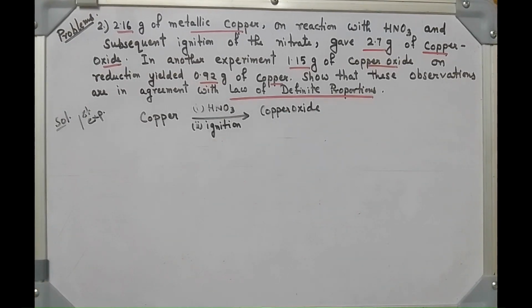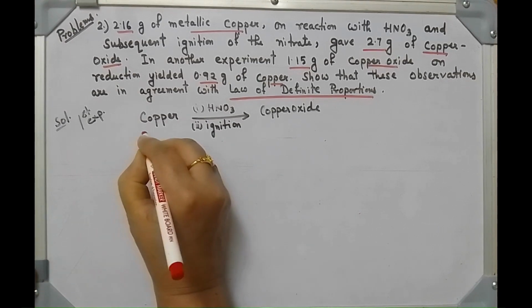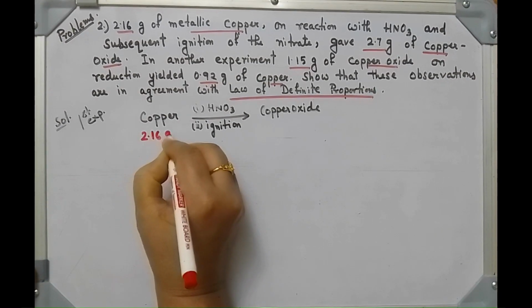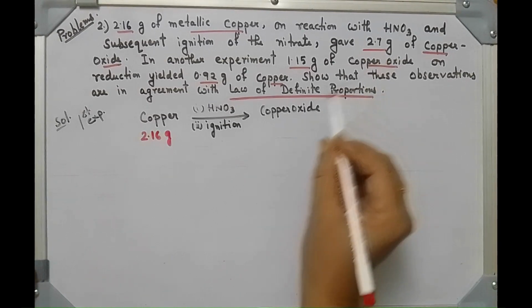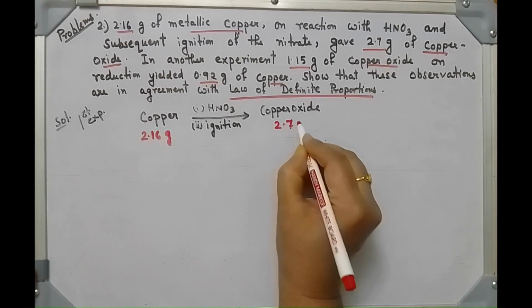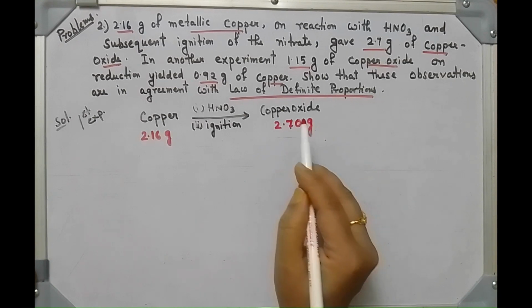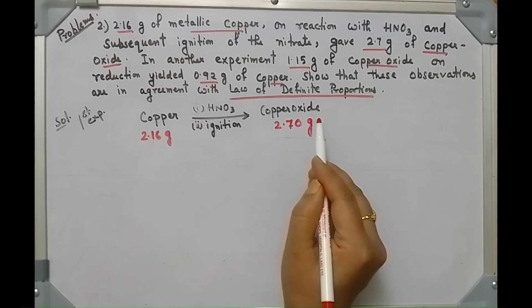The amount of metallic copper is given as 2.16 grams and the amount of copper oxide is given as 2.70 grams. So in copper oxide, what elements are there?